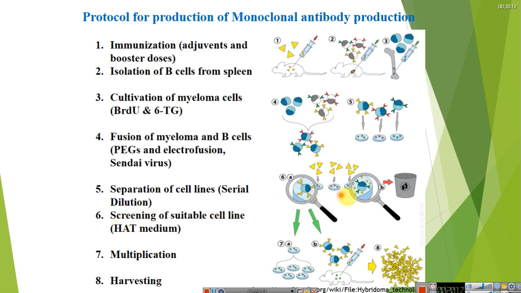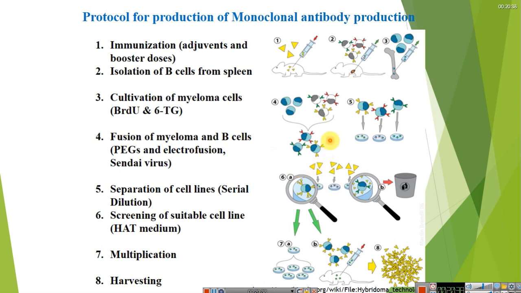We select the hybrid cells on the HAT medium, the cells that have the capacity for multiplication and also to produce the antibodies. This fusion can be carried out by a number of available methods, either through PEG, or electrofusion, or with the help of Sendai virus.